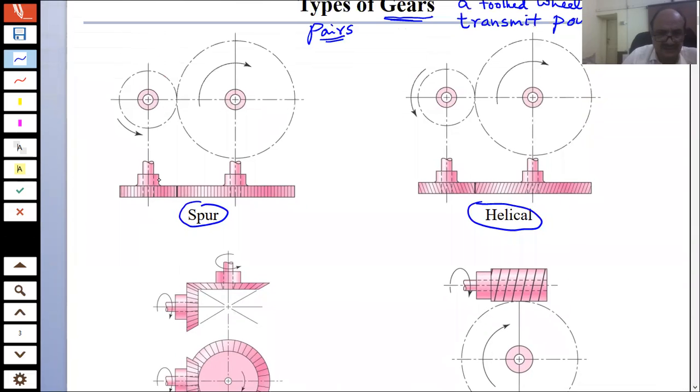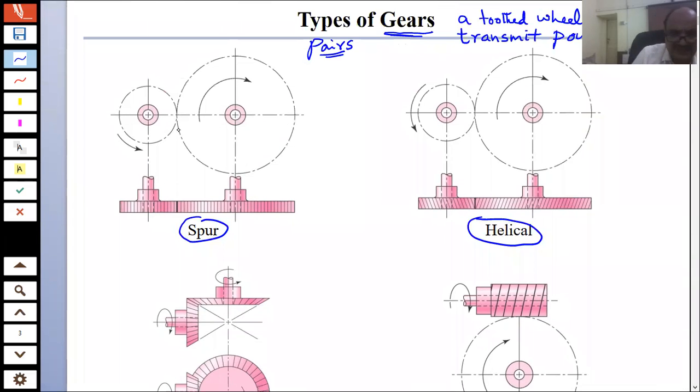Now, what is a spur gear? Basically, spur gears are gears that have the teeth on the gear parallel to the axis of rotation, parallel to the axis of the shaft. For example, this is the shaft, and then this gear is meshing with another gear.